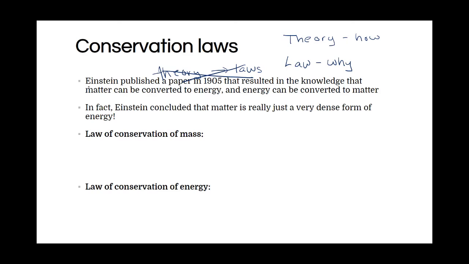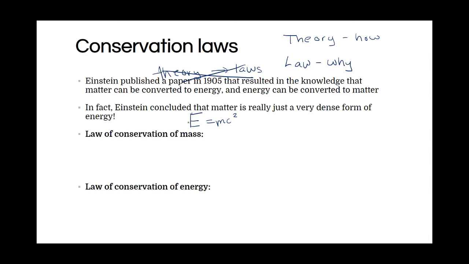Okay, so one of the most recent laws in scientific history that's been recognized was initially thought of by Einstein in 1905, and it was the idea that you can convert matter into energy. So you've probably seen his formula before, right? E equals mc squared.